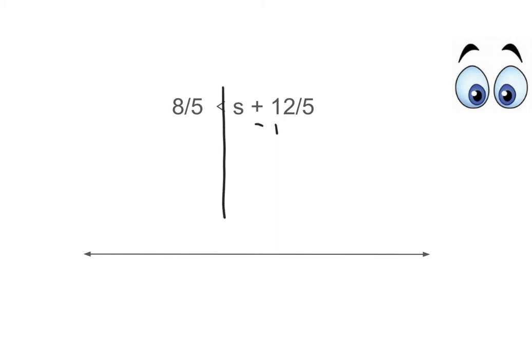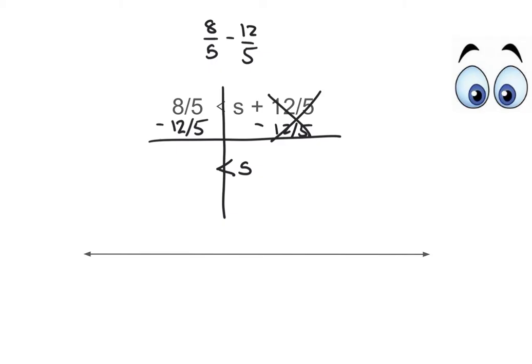Here we're going to subtract 12/5. Plus 12/5 and minus 12/5 are opposites, so those cancel, and we're just left with S is greater than. And on the other side, we're going to take away 12/5. 8/5 minus 12/5 already has a common denominator, so we're just going to take 8 minus 12, so that's -4/5.